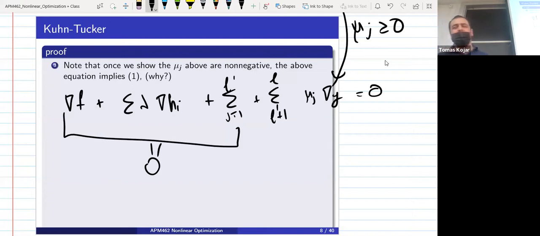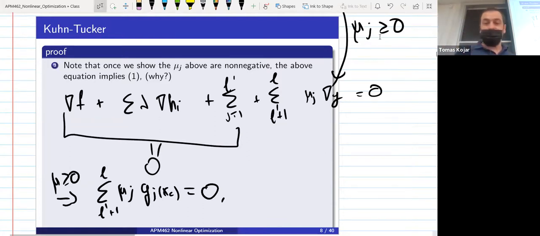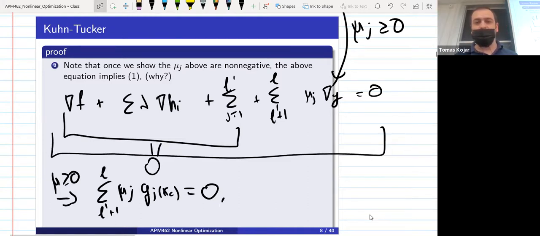And if I also show you non-negative, then the last guy, L prime to L, will give me that mu j, at the boundary, G j x naught will need to be 0. All right, and so you get the full thing.